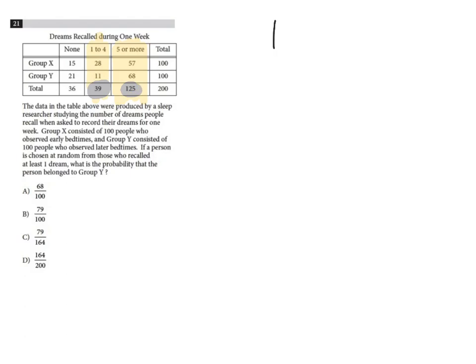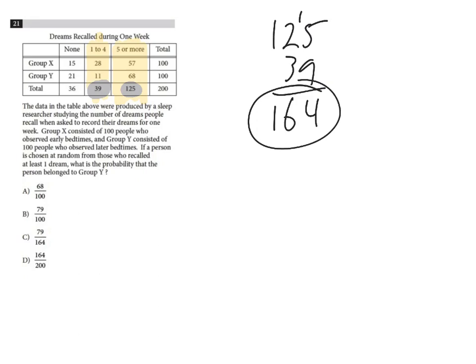So we've got 125 plus 39, which is 164. 164 are in the group of people who recalled at least one dream.